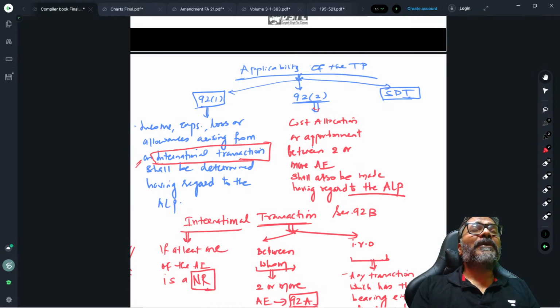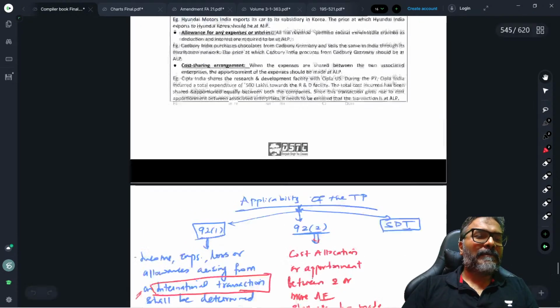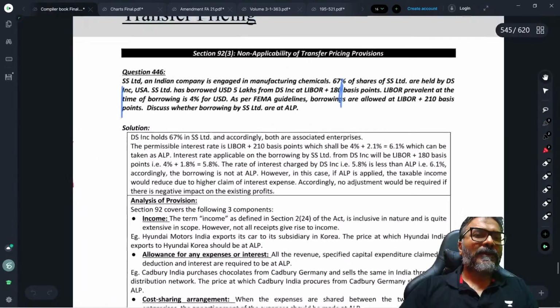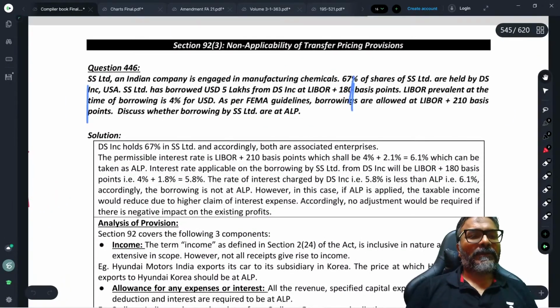In that case, will you still go ahead and adopt the arm's length price? The answer is no, students. In that case, the arm's length price has to be dropped. So if you see question number 446 over here, what it says, students: SS Limited, an Indian company, is engaged in manufacturing of chemicals.